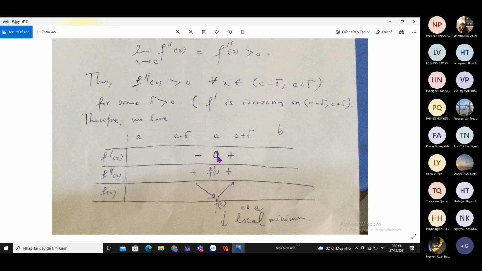And similarly, f prime of x is negative on the interval to the left of c, because the function f prime is increasing. So you see here, f prime changes sign at c. It changes from negative to positive. And that's why f of c gives you a local minimum.